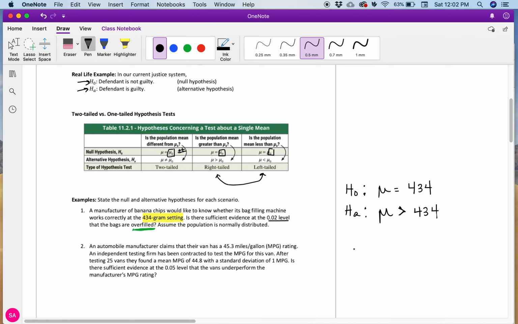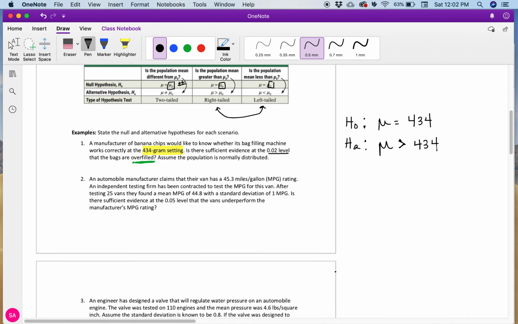And we've got 2 more to do, so if you're still a little confused, just hang in there, or let's do all 3, and I think it'll start to click, if it has not already. So number 2, an automobile manufacturer claims that their van has a 45.3 miles per gallon rating.